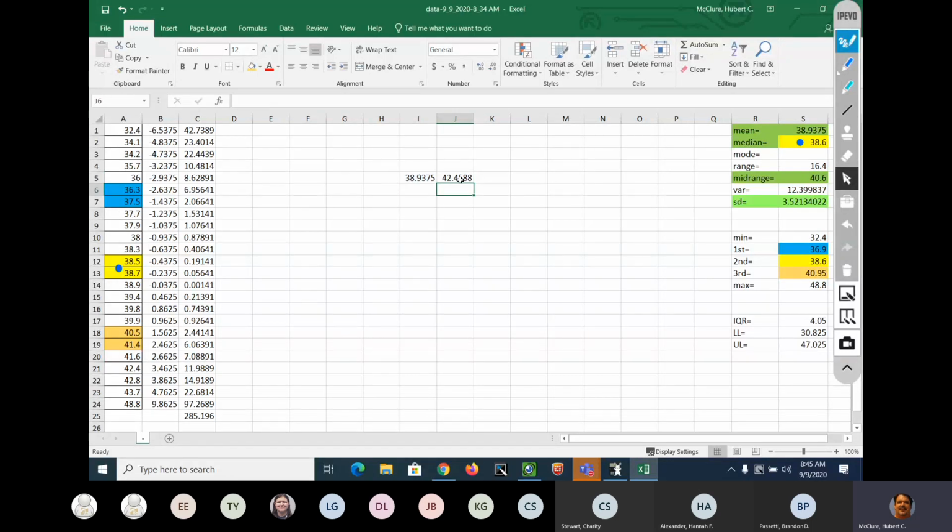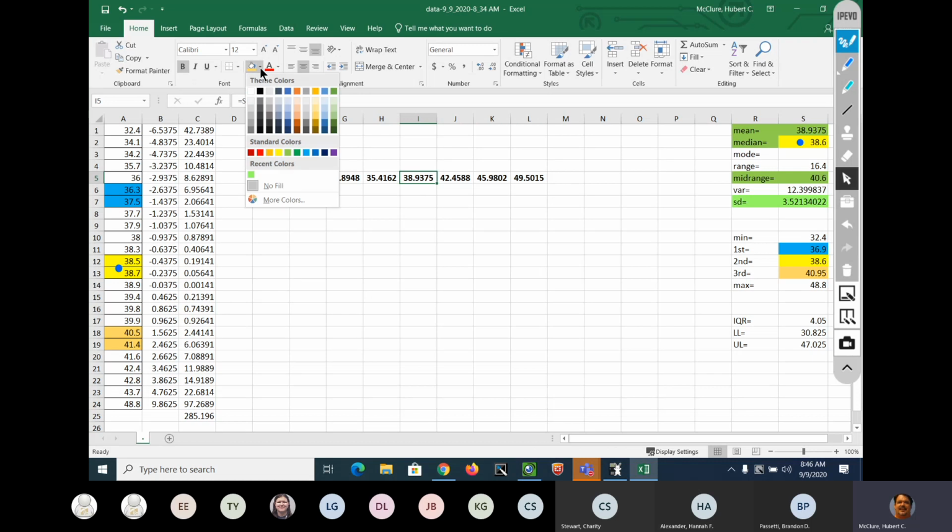I'm going to add two more on this, 3 standard deviations on the right, and equals this number minus the standard deviation F4. Enter. Copy that, 2 more to the left. So I'm going to highlight that, make it centered and bold, and color this that green that I use.